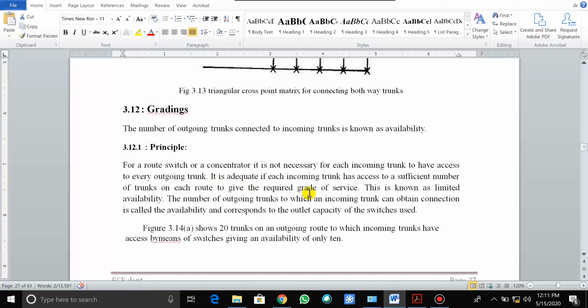It is adequate if each incoming trunk has access to a sufficient number of trunks on each route to give the required grade of service. This is known as limited availability. The number of outgoing trunks to which an incoming trunk can obtain connection is called the availability and corresponds to the outlet capacity of the switches used.